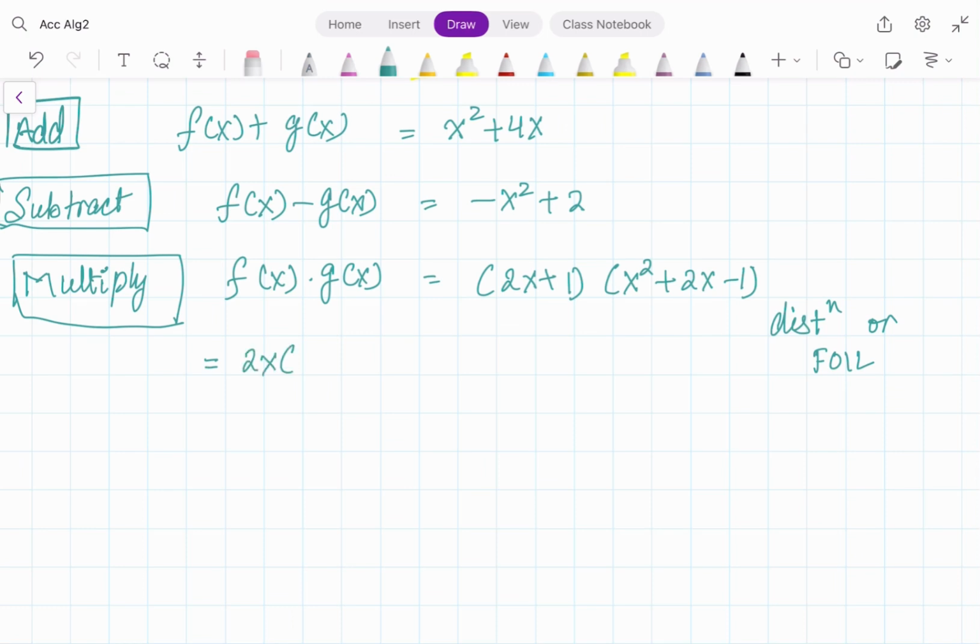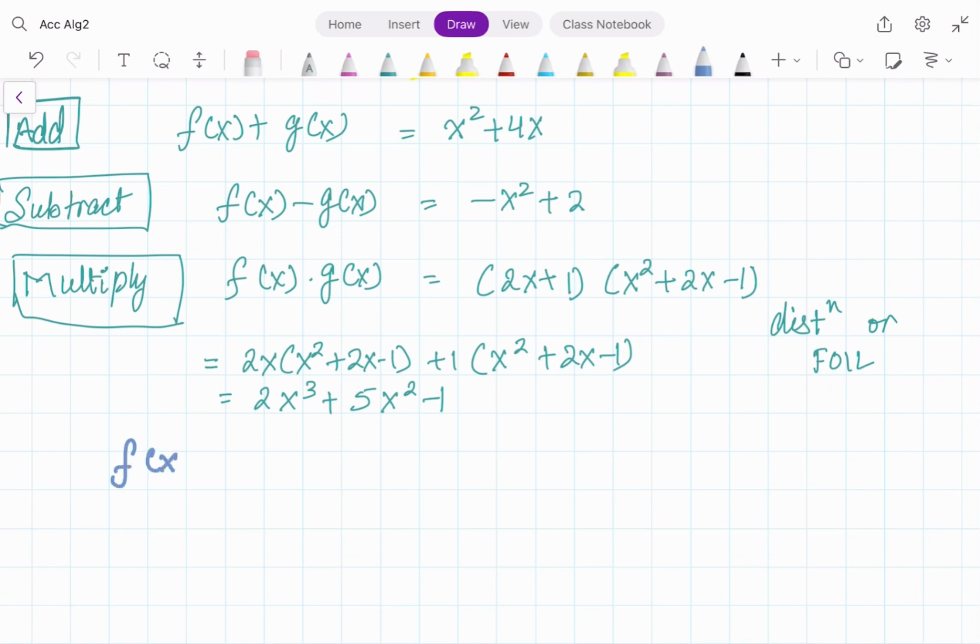So I will take 2x and the whole entire second bracket, then plus 1 and the whole entire second bracket. And you can solve it to get the lovely answer as 2x cubed plus 5x squared minus 1. This is how you will multiply the two functions.